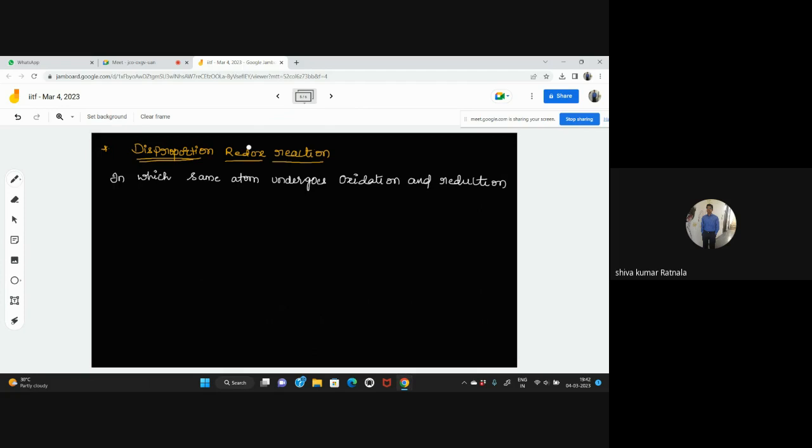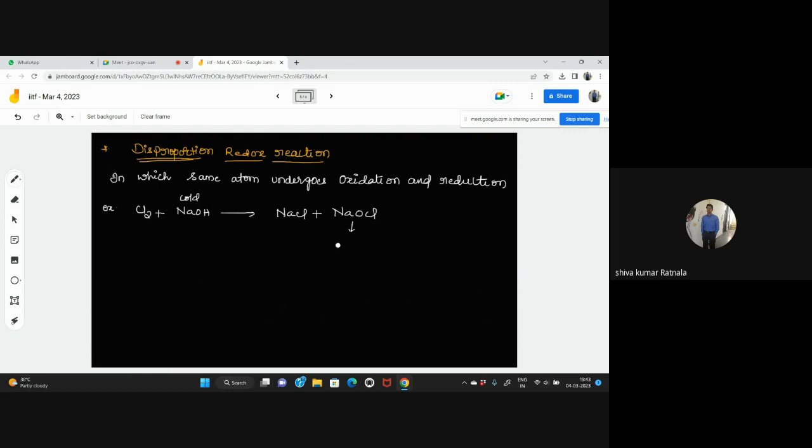Let me take one example. Cl2 when we react with NaOH, that means cold condition, will give NaCl plus NaOCl. NaOCl means sodium hypochlorite.